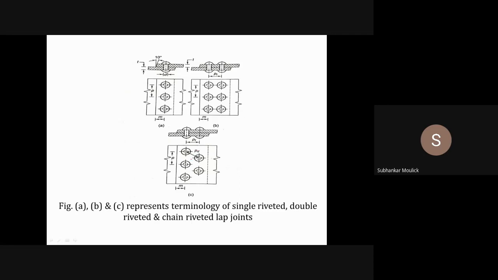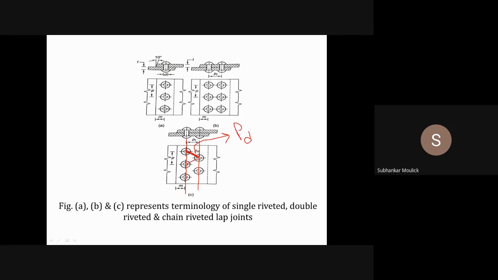The diagonal pitch is defined as the distance between the center lines of the two rivets. This is the center line of the first rivet and this is the center line of the second rivet. When they are arranged in a diagonal fashion, this particular distance diagonally is known as your diagonal pitch, PD.